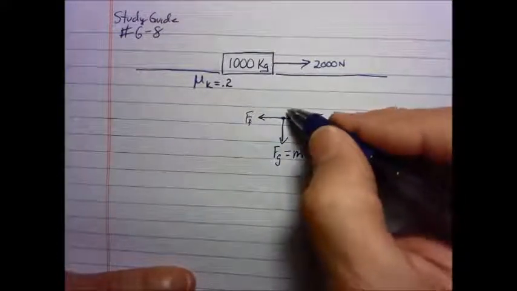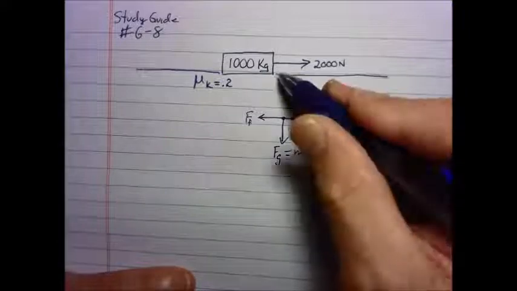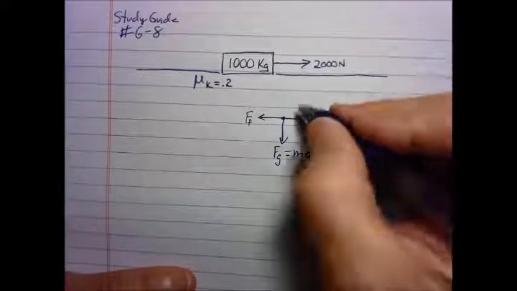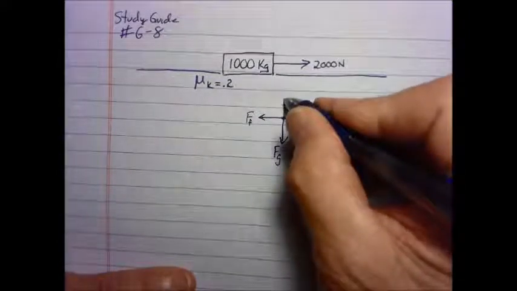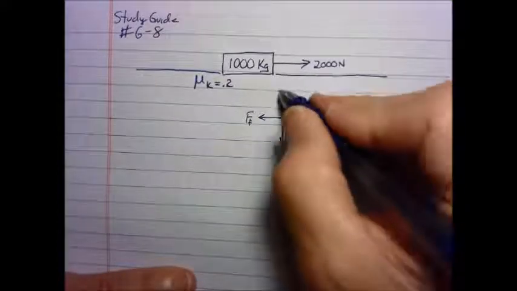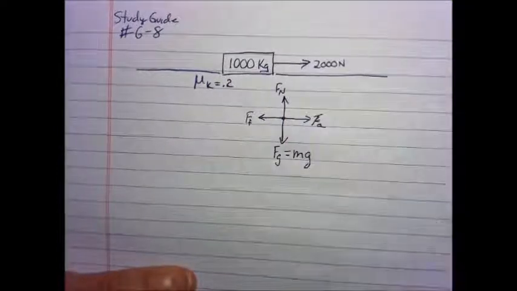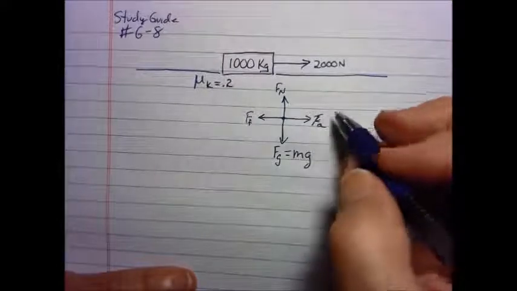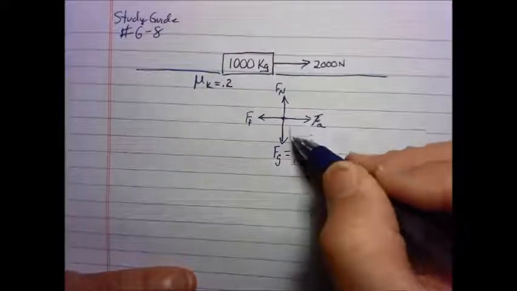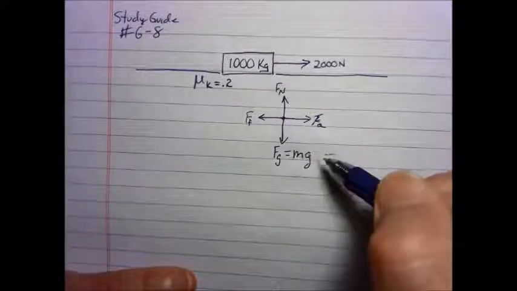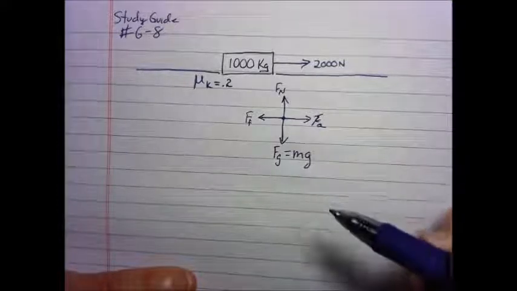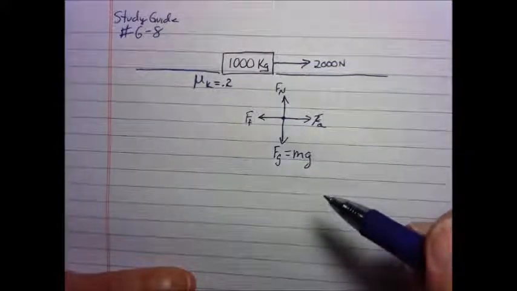But the question doesn't say that the crate is bouncing up and down or is accelerating in the y direction. So we're going to have a normal force. It's normal for there to be a normal force. So it's going to be equal in size to the force of gravity pulling it down.